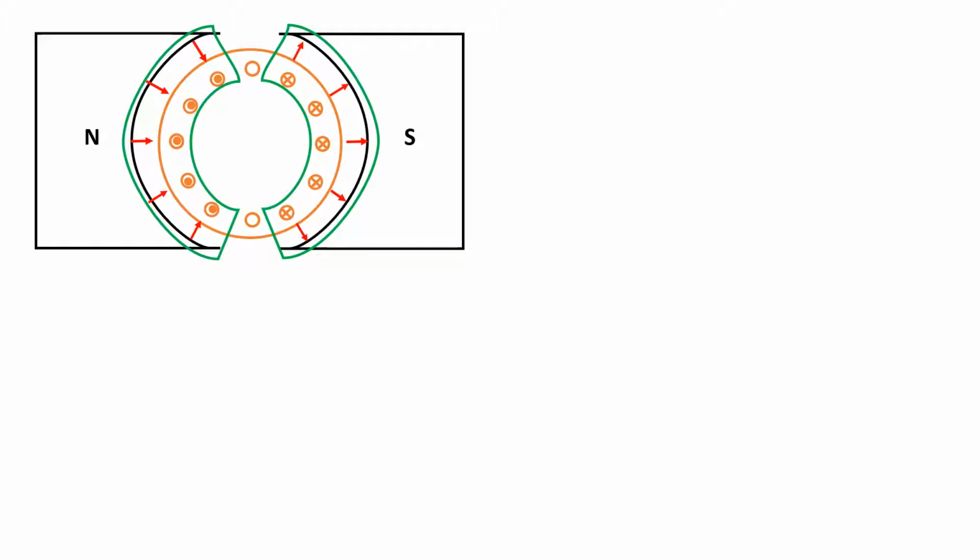So as was mentioned just now, the armature winding would produce its own magnetic field, and using the right-hand rule, the magnetic field flows clockwise on the right side and anti-clockwise on the left side.